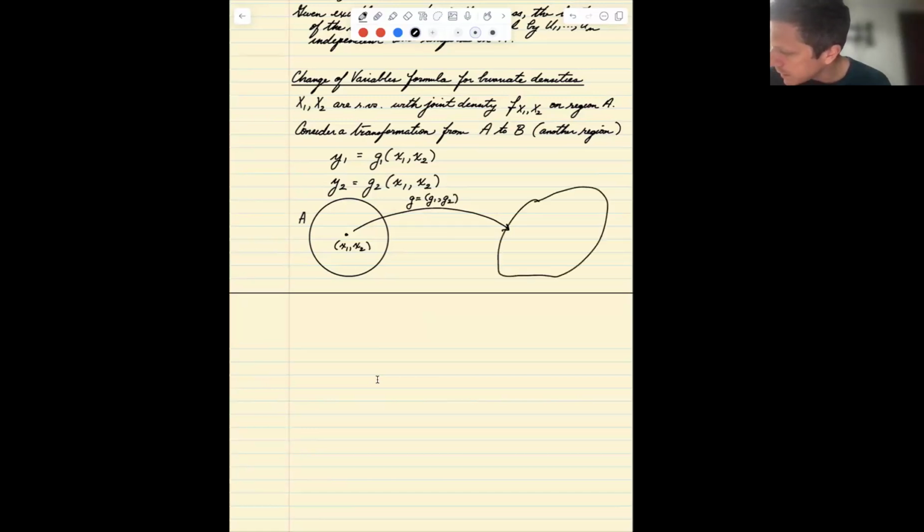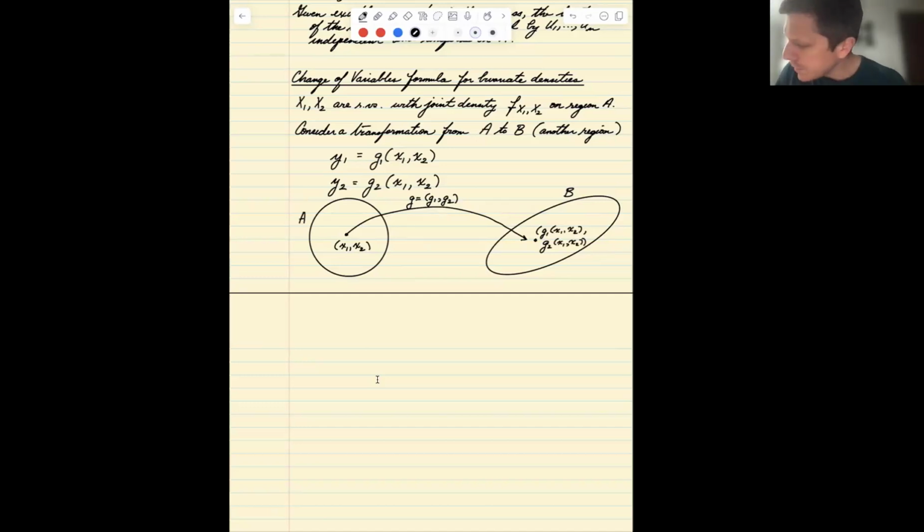I want to make sure that we realize that B is not the same as A necessarily. It's going to take us to this point here, which is g1(x1, x2), g2(x1, x2).